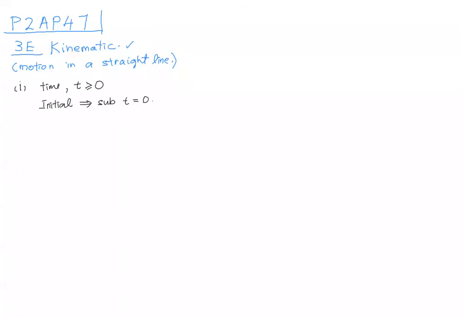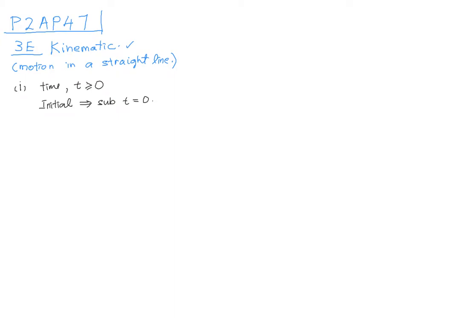Initial means starting. So that is one thing about time that you have to take note of. If the words say initial displacement, initial velocity, initial acceleration, meaning you have the acceleration function, you substitute the time equal to 0. That means the starting situation. That is the meaning of the word initial.